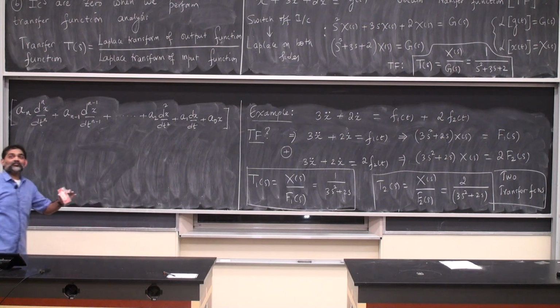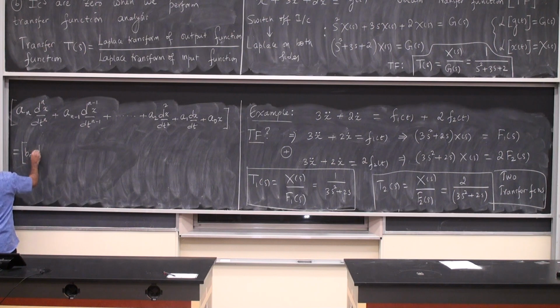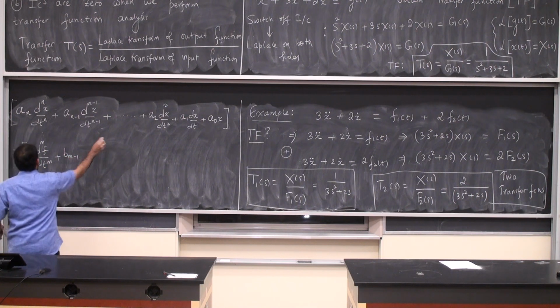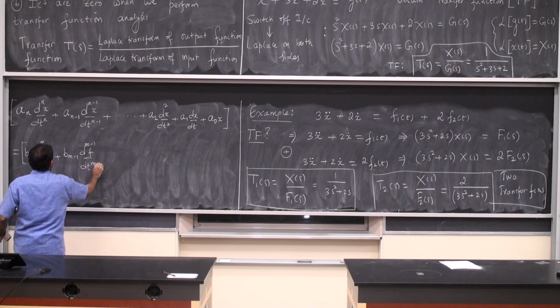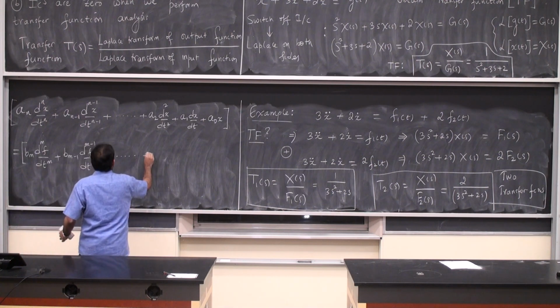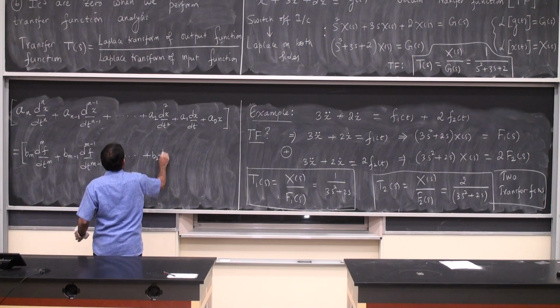And let me say that the system is subjected to an input which is of the mth order. Okay? So on the right hand side I have a differential equation which is of the mth order. So that's Bm d to the power m f dt to the power m, minus 1, plus B2.